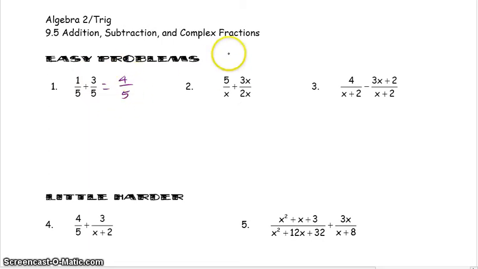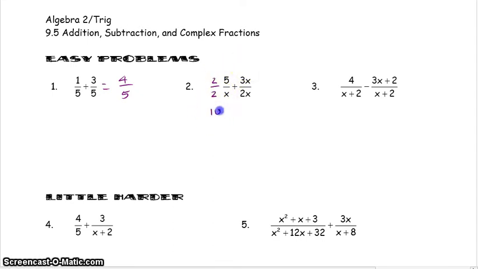Now looking at number 2, we have x and 2x as our denominators. So how would we get our denominators to be the same? Well, we're going to have to multiply this first fraction by 2 over 2, because we want to get the denominators to be the same, so we need our x to become a 2x. That's why we multiply the top and bottom by 2.